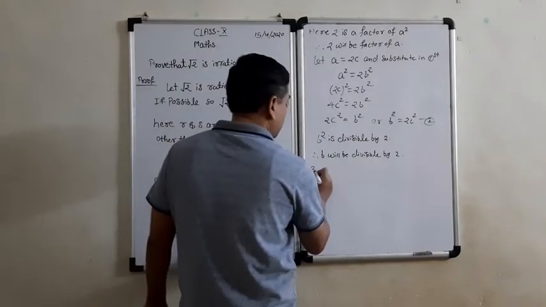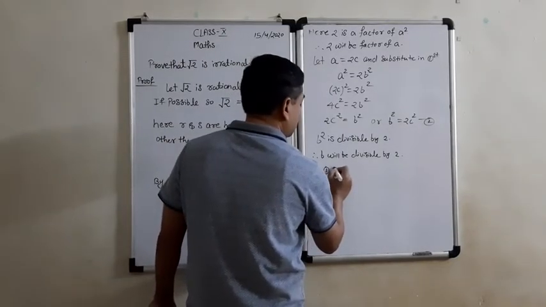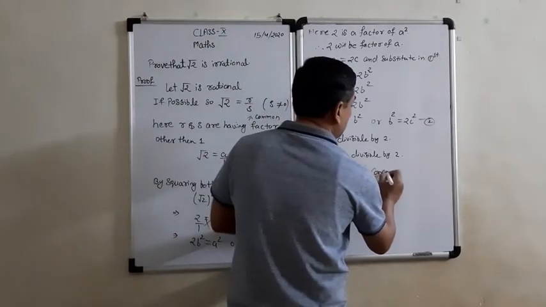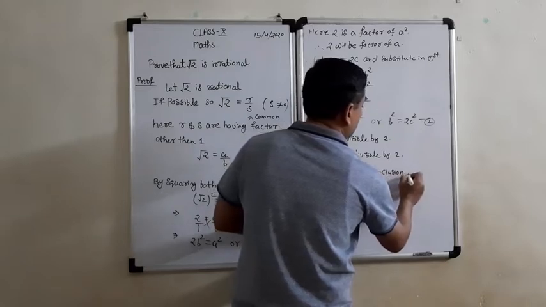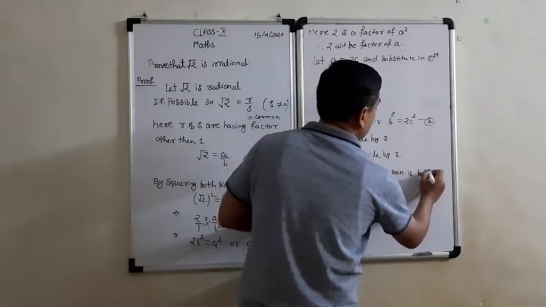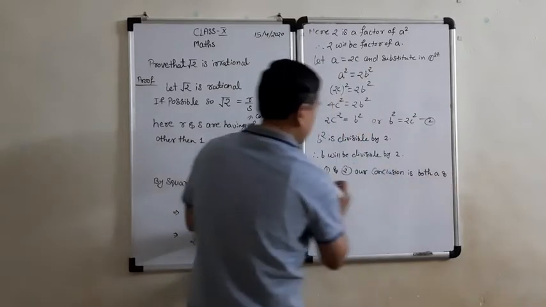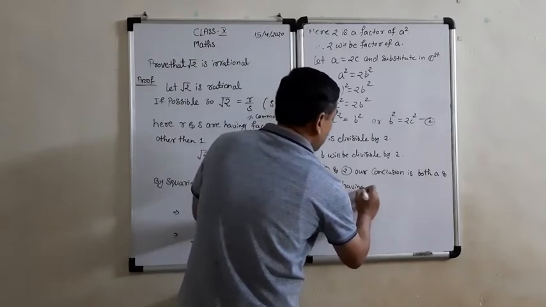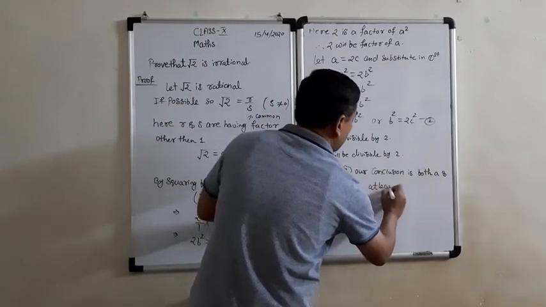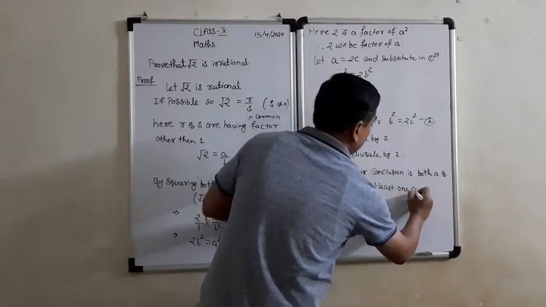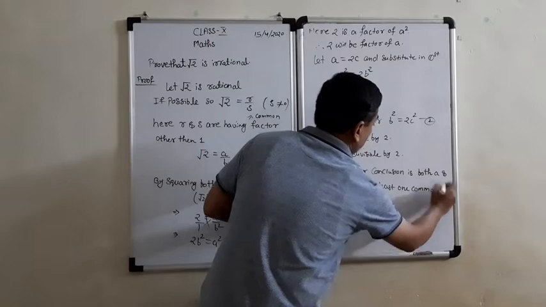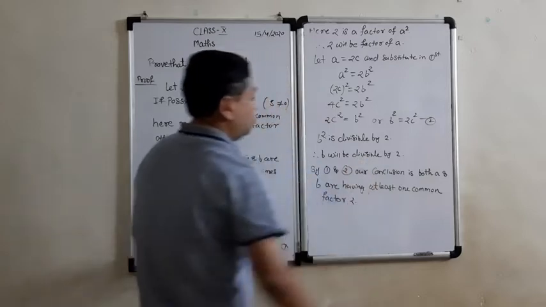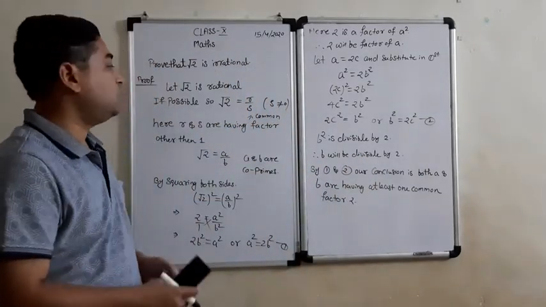So our conclusion is that both A and B have at least one common factor 2. But that is the contradiction of our assumption.